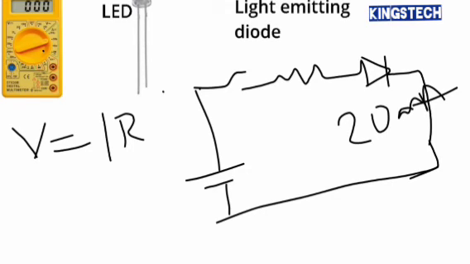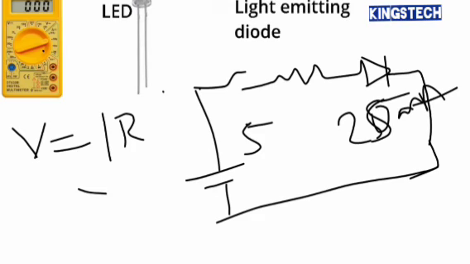So all you need to do is, you already know the voltage you are using here. Let me say we are using 5 volts battery here, and then this 25 milliamp diode. So you substitute in this formula, what do you get?